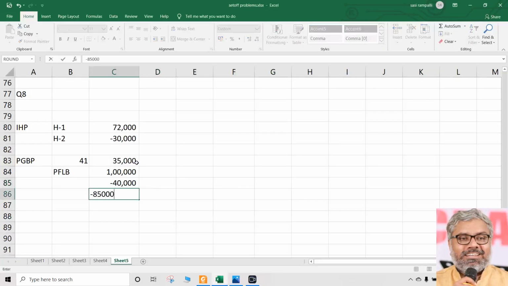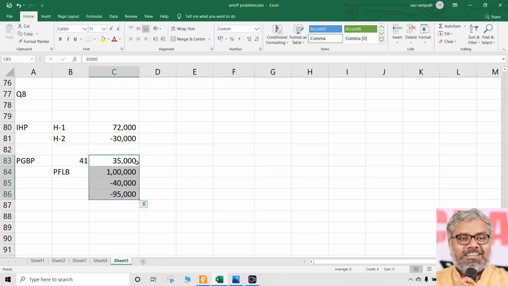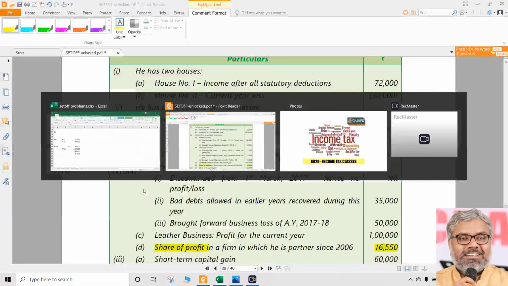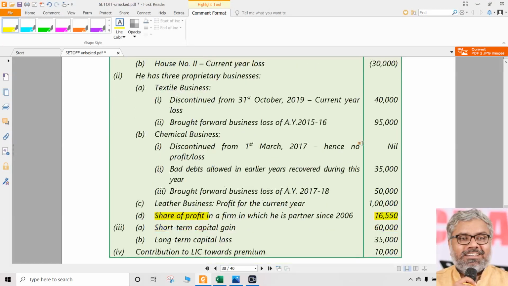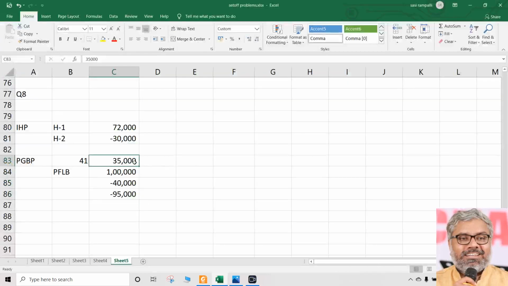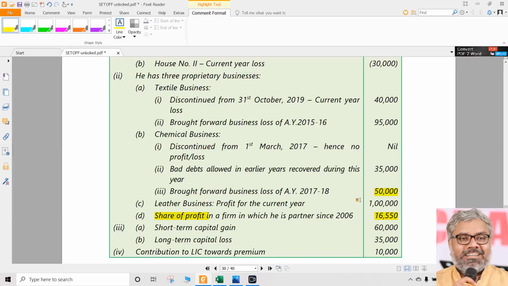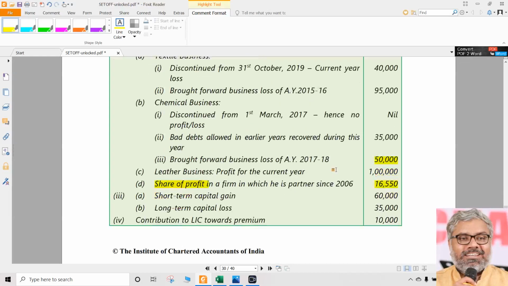Better to do 95,000 first. Let us see whether it is available or not. Exactly available, 95,000. So 95,000 can be set off. Sorry, this 50,000 can be carried forward. 45,000 is already taken as profit. So 50,000 brought forward loss can be carried forward to future years and it can be set off against PGBP in the future years. That is about PGBP.